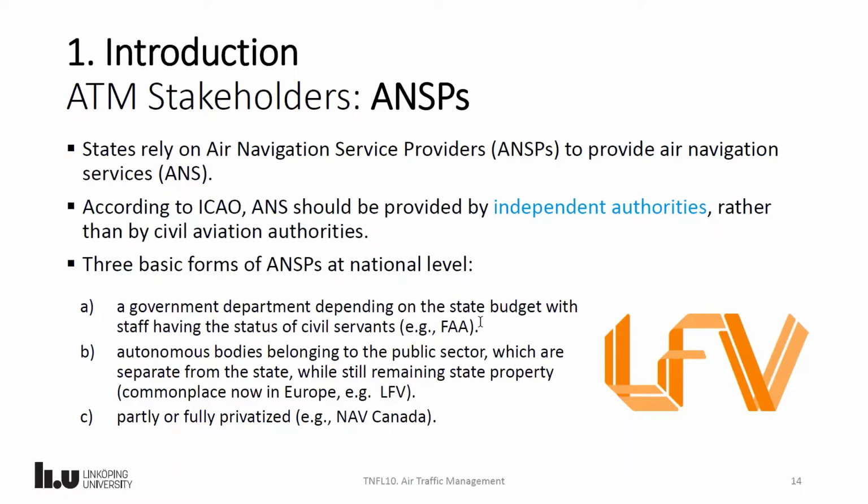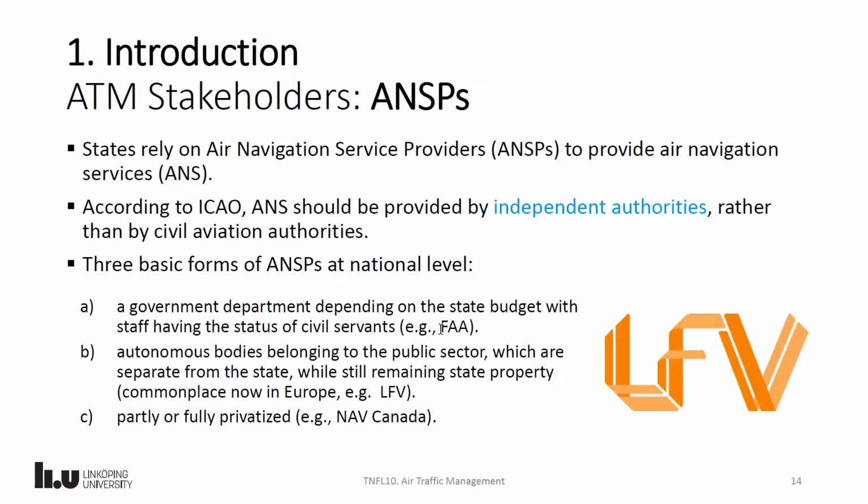So, for example, this was the common case in the past for all air navigation service providers, but eventually the states didn't want to take the whole responsibility for providing air navigation services, so they started placing that responsibility on other parties. Some states still have this kind of air navigation service provider, which is a part of the state, for example, the FAA, the Federal Aviation Administration in the United States.